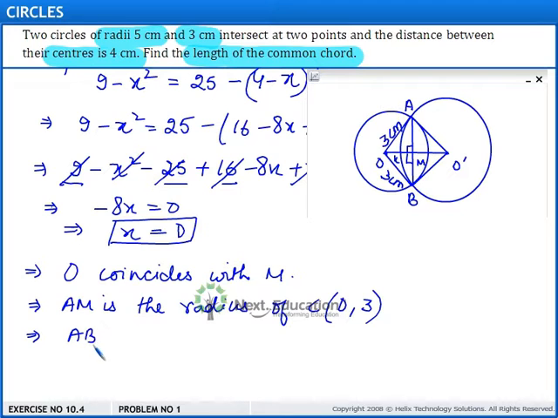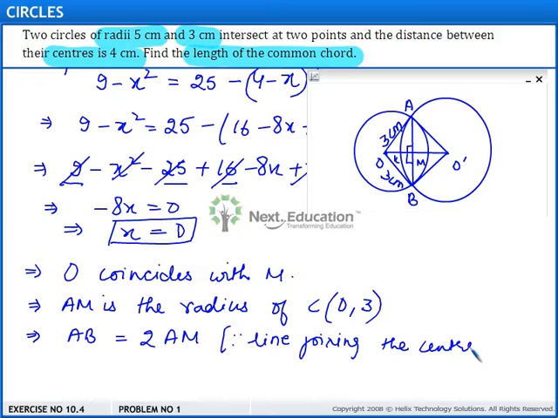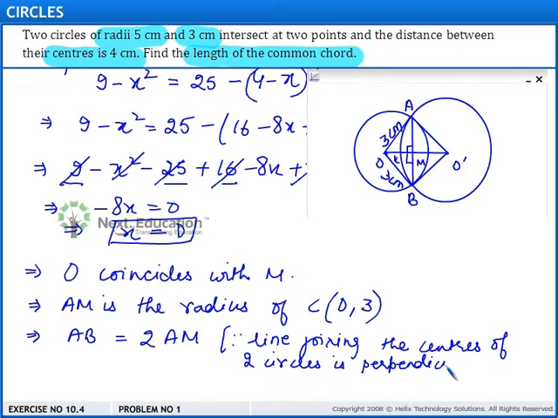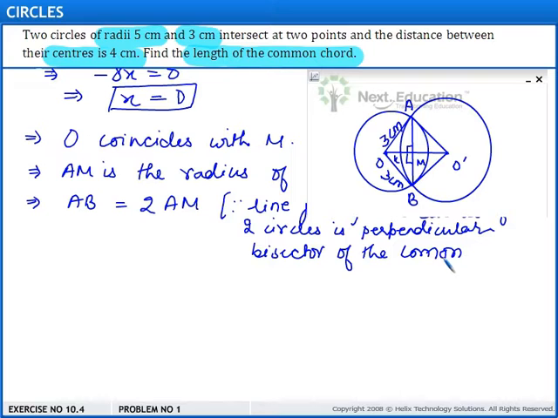Therefore, AB, which is 2 times AM, since the line joining the centers of 2 circles is the perpendicular bisector of the common chord.